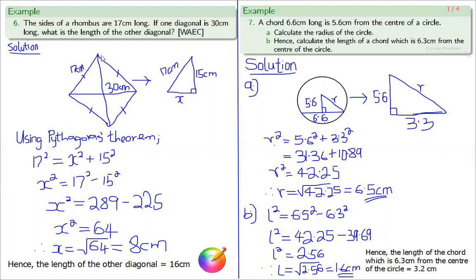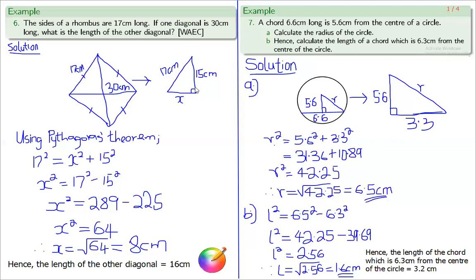Therefore, from that property, we can extract one of the right angle triangles from the rhombus. If you look at it properly, you'll discover that there are 4 equal, or congruent, right angle triangles. So one of them is extracted to the right.